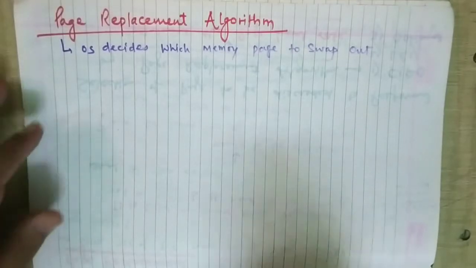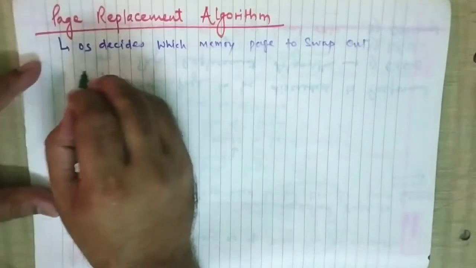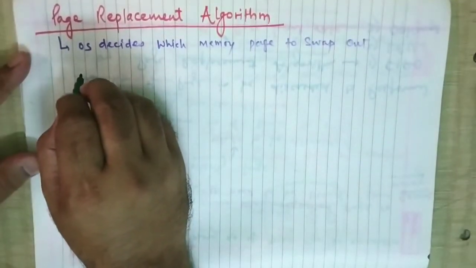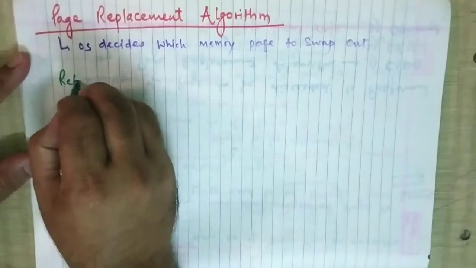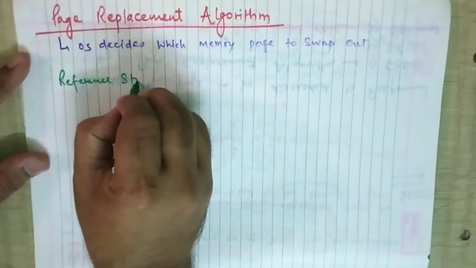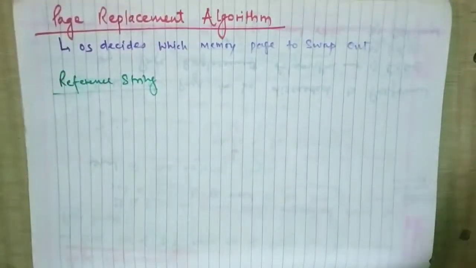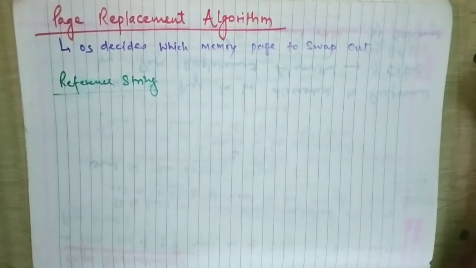One more thing we have to keep in mind in page replacement algorithms is the reference string. What is a reference string? This is the string of memory references.